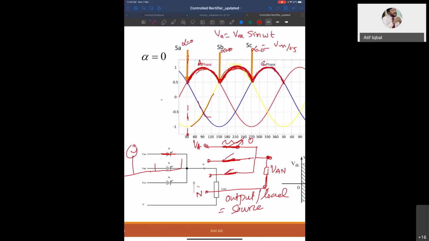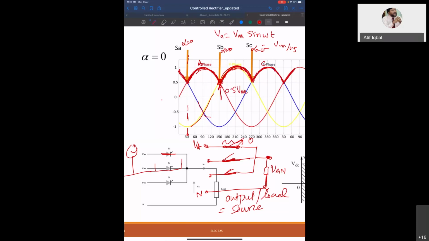Do you understand this point? If you have any question here. So this is how the output voltage looks like. What is the peak value of the output voltage and what is the minimum value? This is your minimum, which is equal to 0.5 Vm.